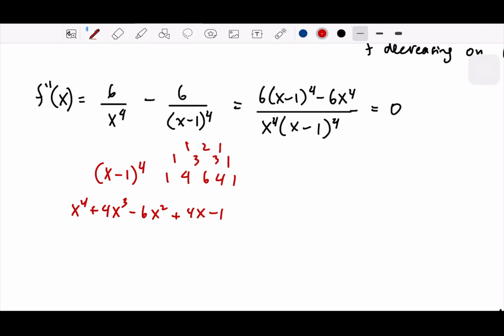So a squared, b squared, a cubed b, a squared b squared, b cubed a, and then a fourth and b fourth for the rest. And then multiply with 6.